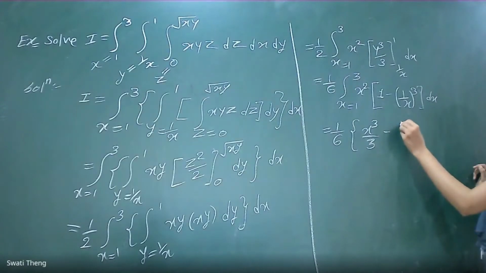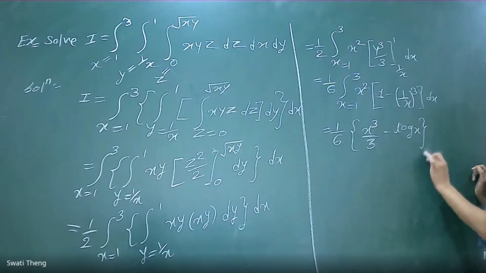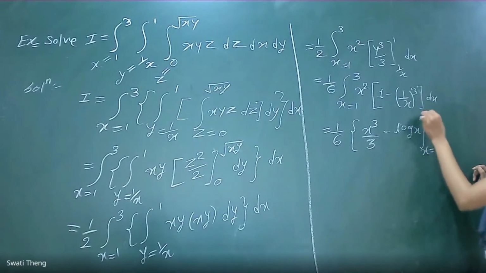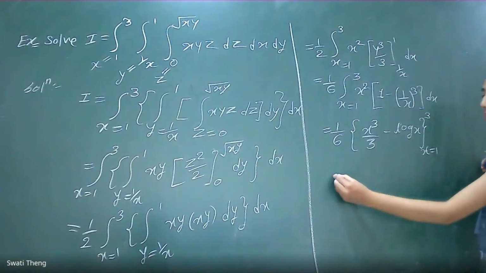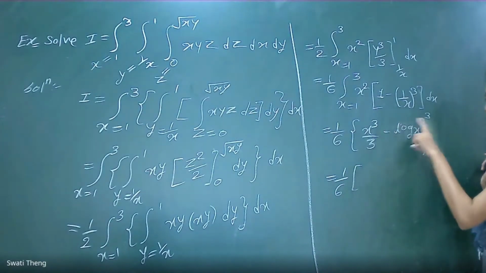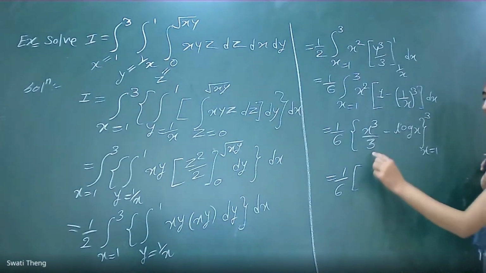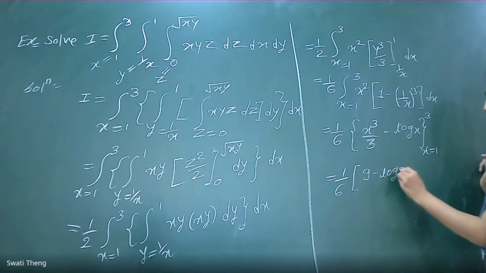So remaining is 1 upon x, and integration of 1 upon x is log x. Limit is x varies from 1 to 3. Put upper limit minus lower limit. So for the upper limit, it is 3 cube, which will cancel with this 3, that is 9, minus log 3.